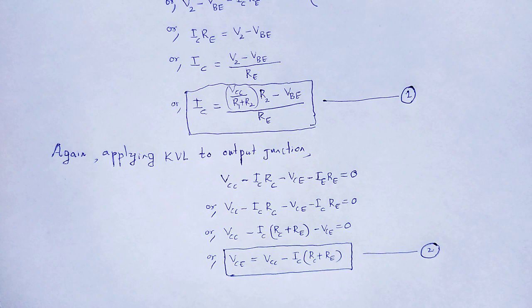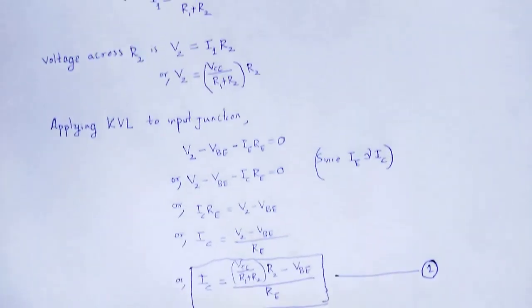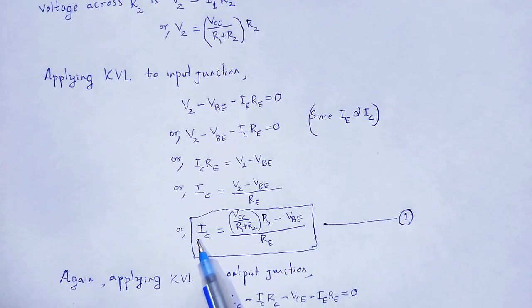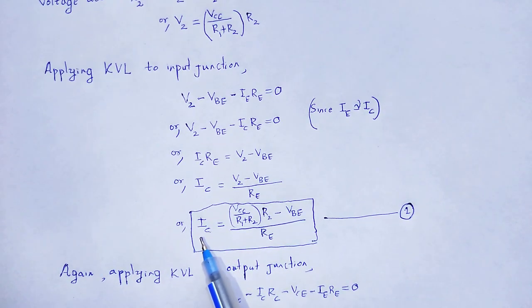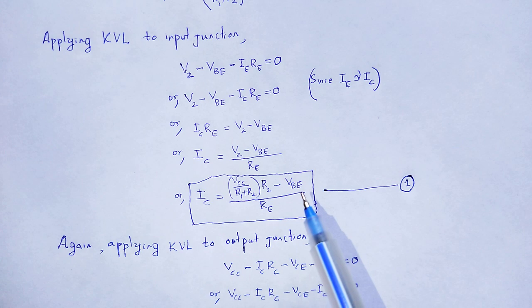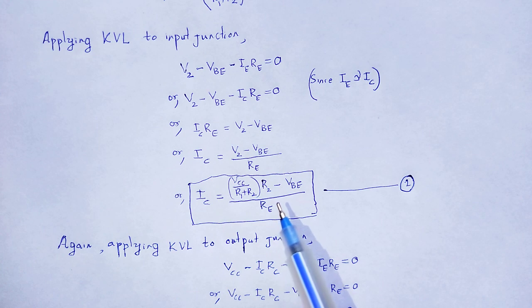So, what will be the importance of that kind of biasing? Look at that expression number 1. In that expression of IC, there will be no such term of beta, means the transistor parameter. Transistor parameter play an important role for stabilization of transistors biasing.